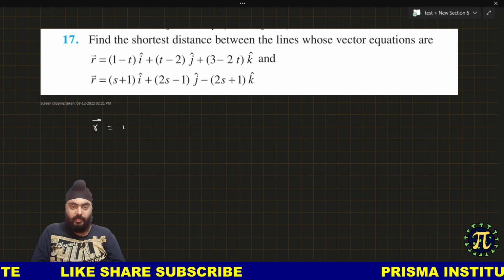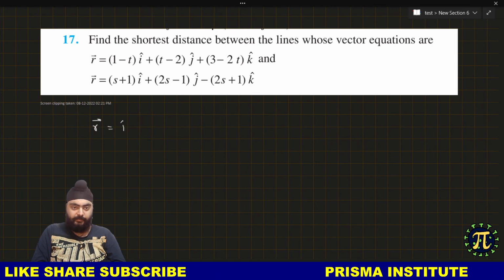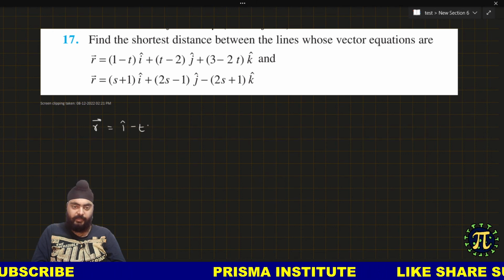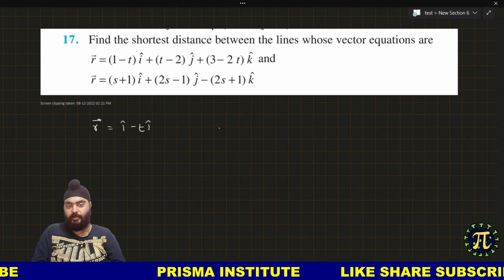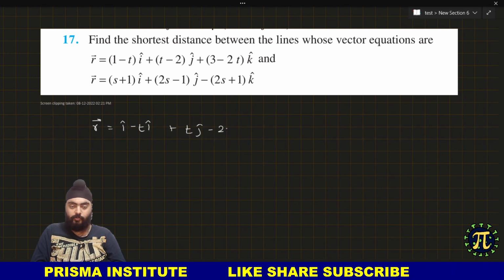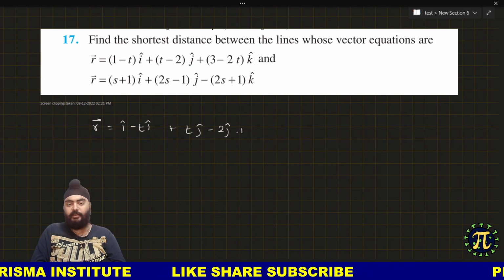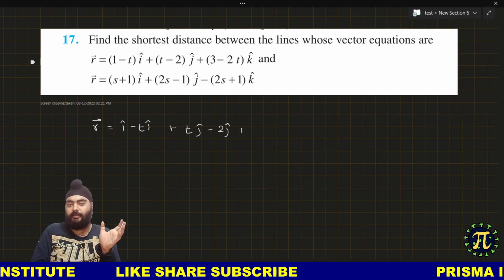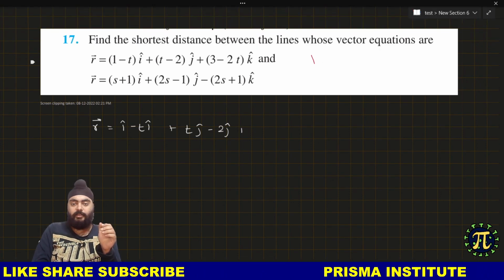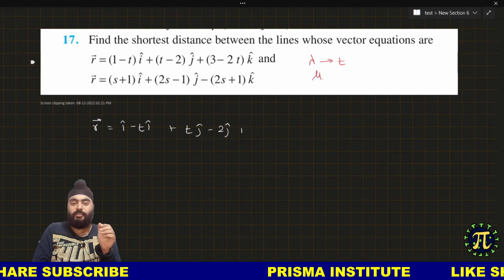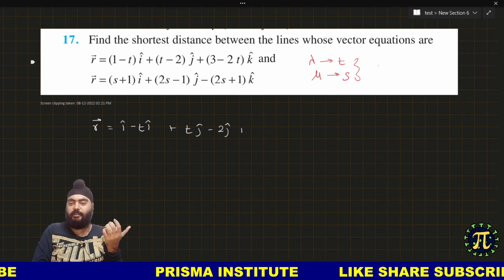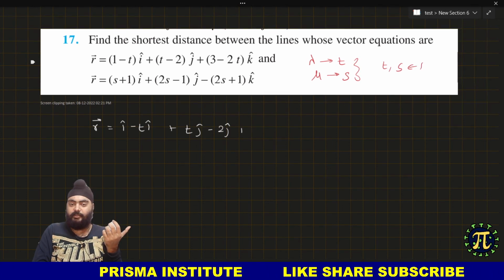This is i cap 1 i cap minus t times i cap. ठीक है, तो मैं ओपन कर रहा हूँ इसको फॉर नाउ. ठीक है, देन t टाइम्स j cap minus 2 टाइम्स j cap एंड व्हाट. सो यहाँ पे t और s गिवन है, यहाँ पे लैम्डा की जगह क्या गिवन है पहले इक्वेशन में, इफ यू लुक केयरफुली, तो लैम्डा की जगह आपको t गिवन है. ठीक है, यहाँ पे म्यू की जगह s गिवन है, तो देख के कंफ्यूज मत हो जाना कि क्या गिवन है. These are just some arbitrary real numbers, right? t comma s belongs to real, right? Okay, these are some real numbers.